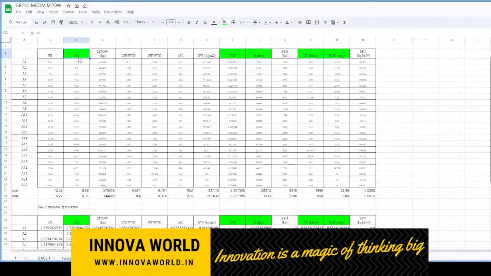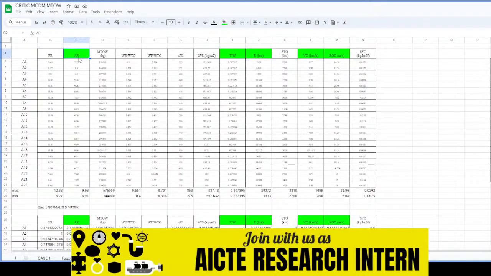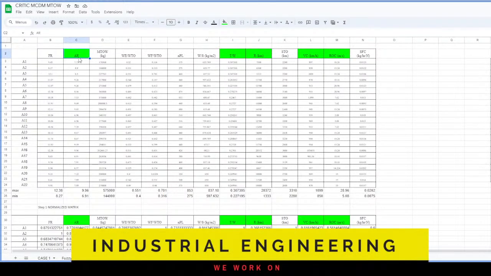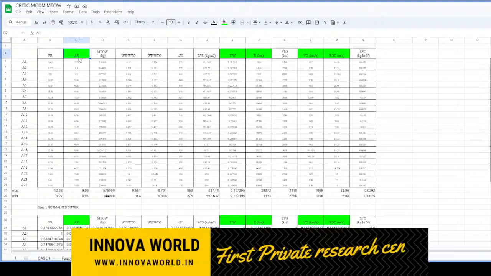Suppose you're working on a biomedical factor, and blood pressure increases. Of course you know that if the BP increases from the normal zone, it's not normal. We don't consider high BP good, right? So that will come under a non-beneficial criteria. Could you follow?